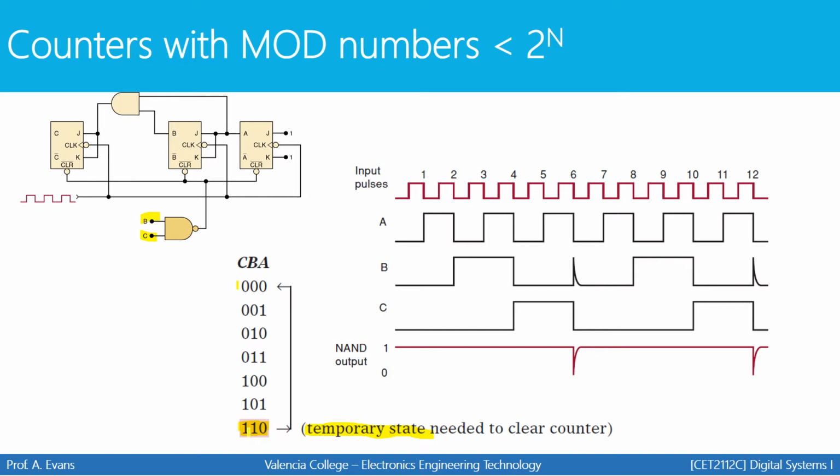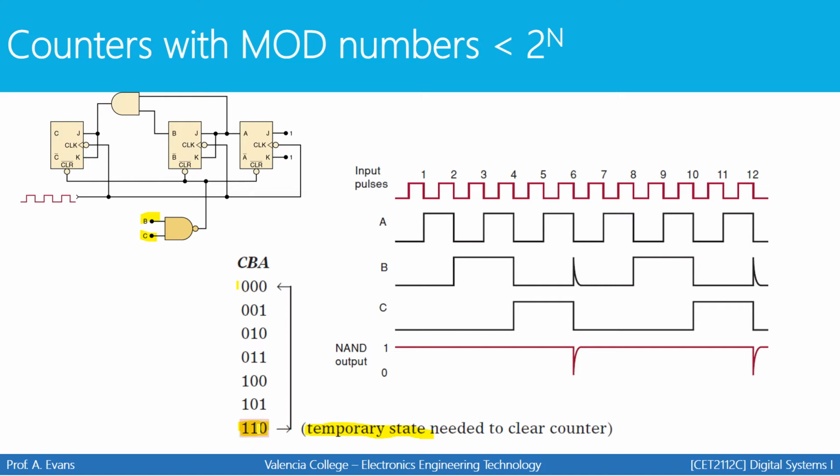So we call that a temporary state, and anything that's a temporary state, we don't count in the mod number. So this counter starts going at 0, 0, 0, goes up to 1, 0, 1, and then it'll reset. We don't count the 110 as a state. So we would call this a mod 6 counter that counts from 0 to 5.